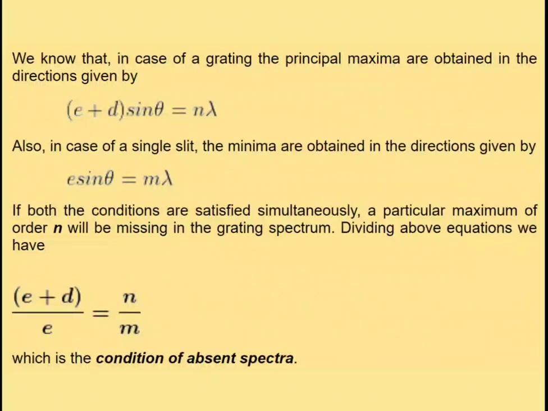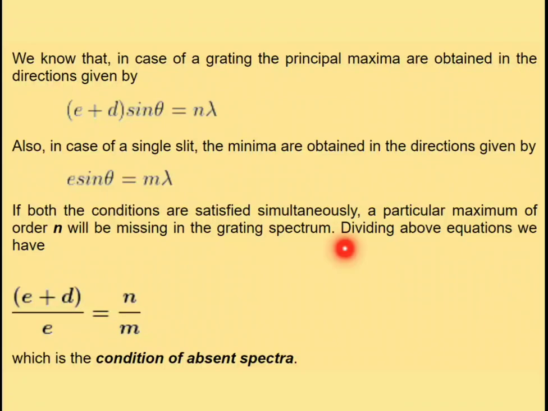We know that in the case of a grating, principal maxima are obtained in the direction given by (e plus d) sin theta is equal to n lambda. Also in the case of a single slit, the condition for minima is e sin theta is equal to m lambda. If both conditions are satisfied simultaneously, a particular maximum of order n will be missing in the grating spectrum. That means both cases are equal.